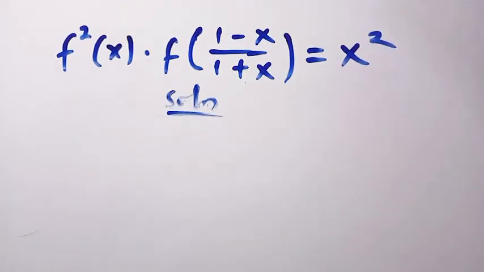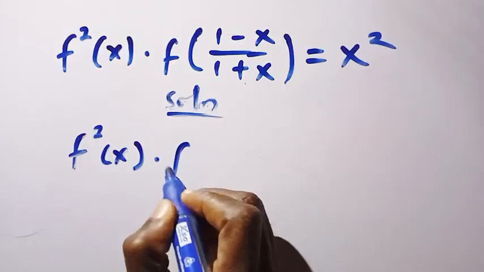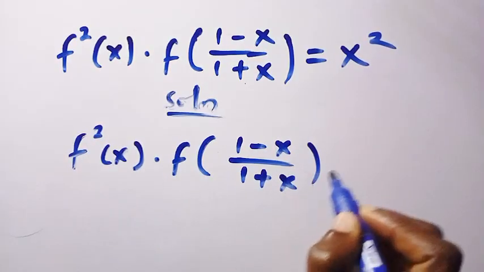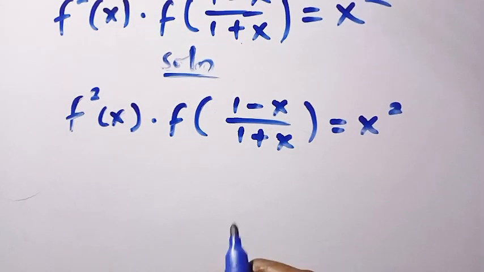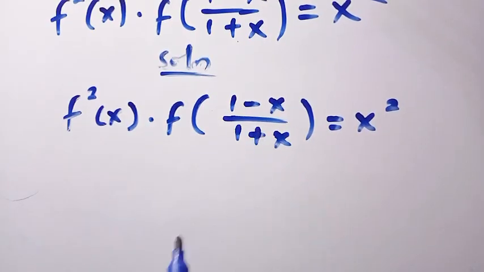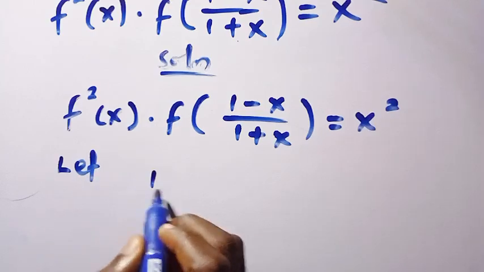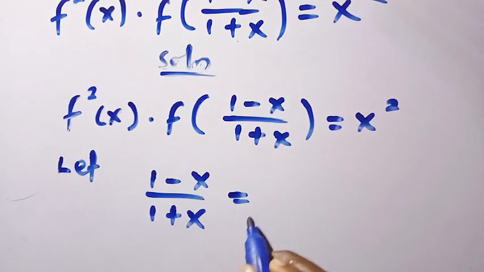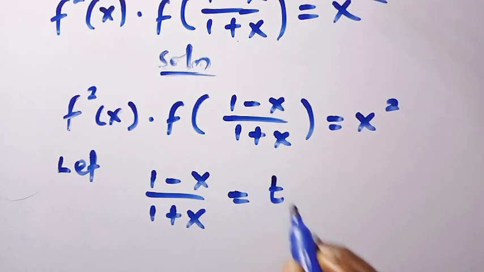So from this problem, we have f squared of x multiplied by f of (1 minus x) divided by (1 plus x) equals x squared. Here we are going to apply the substitution method. Suppose I let (1 minus x) divided by (1 plus x) equal another letter, t, for instance.